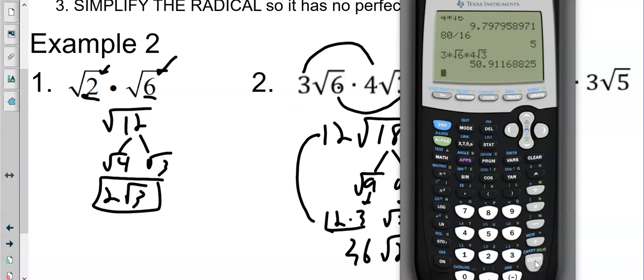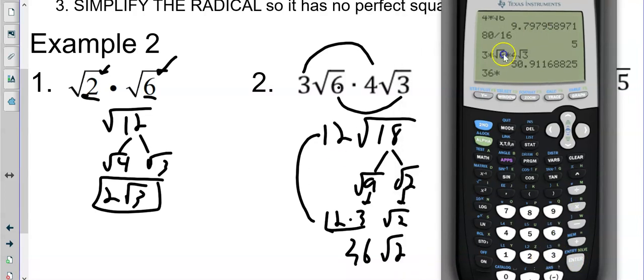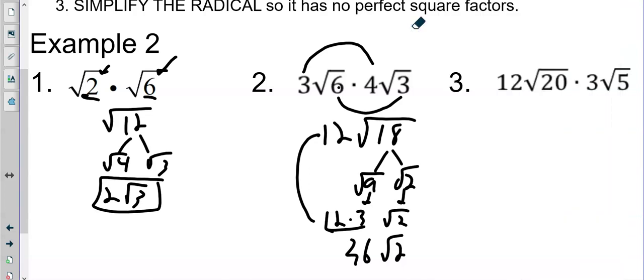It's 50.9. Now what if I do 36 times square root of 2? Look what I get. The exact same answer. You can check your work.